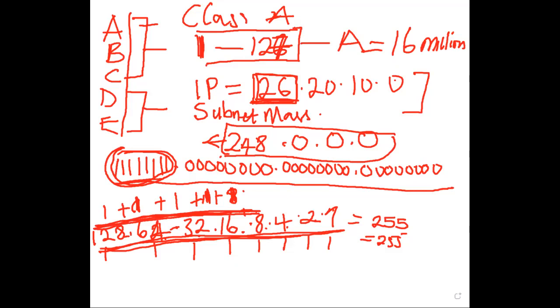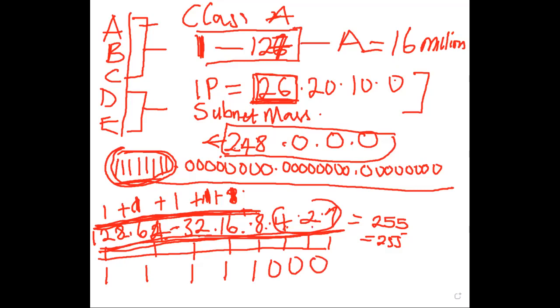So for these 8 bits that we normally have, because these values make up 248, we are going to have a 1 for 128, another 1 for 64, another for 32, another for 16, and another for 8. Then because 4 was not included in making up 248, it becomes 0, 0, 0 for 4, 2, and 1.